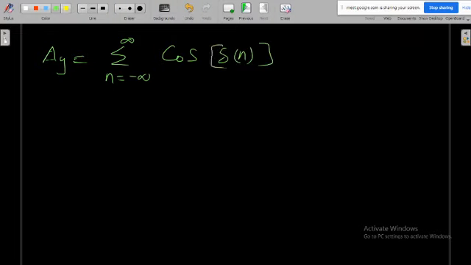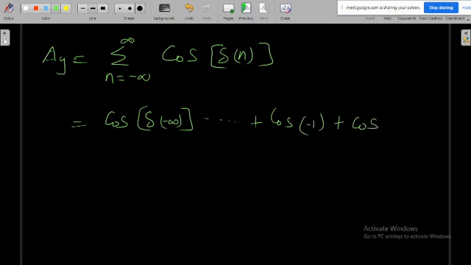Again we cannot do an infinite summation, but we'll try to apply some finite values and see what happens. Say for example, if I apply n equal to minus infinity, cos of del minus infinity. Say for example n could be minus 1, cos of del minus 1. Again n could be 0, cos of del 0.